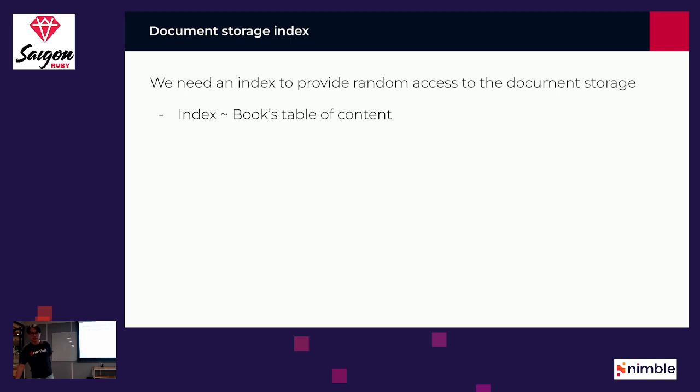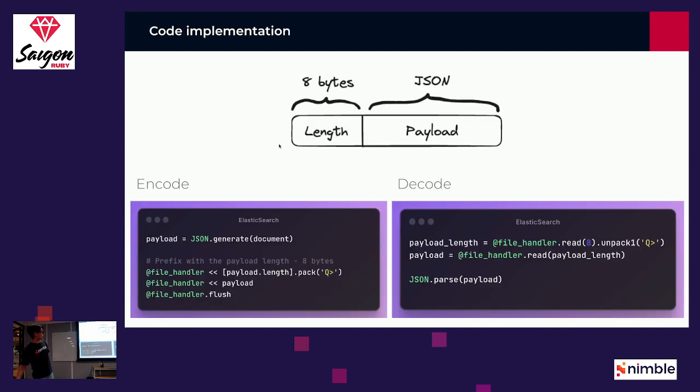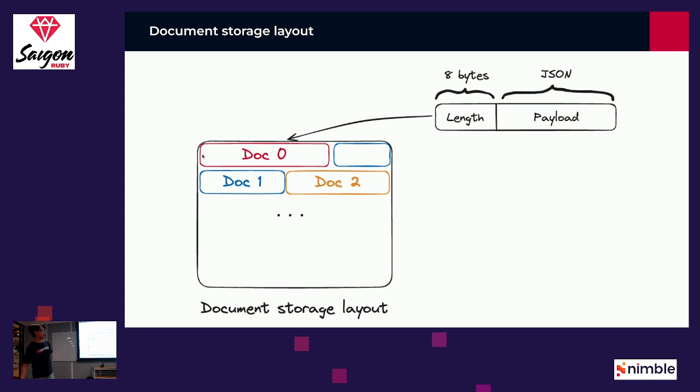Okay, so the index is equivalent. Again, its structure is very simple. You're going to store the offset into the file. So the equivalent of the page number is the offset. If you look back at this diagram, what do I need to find this document?